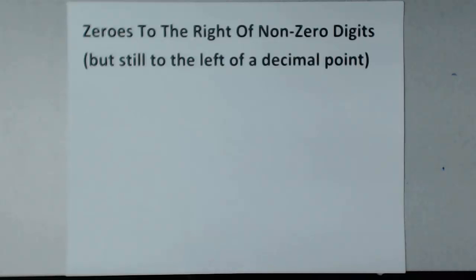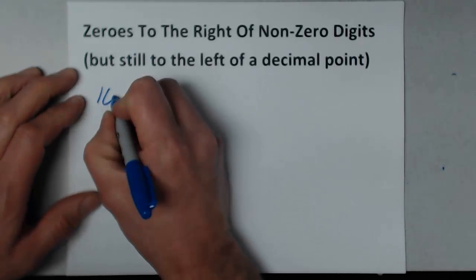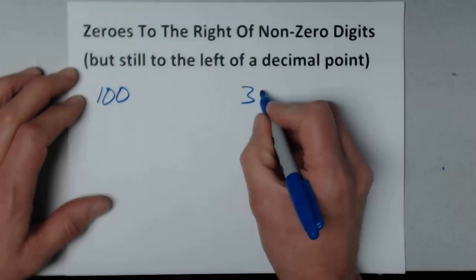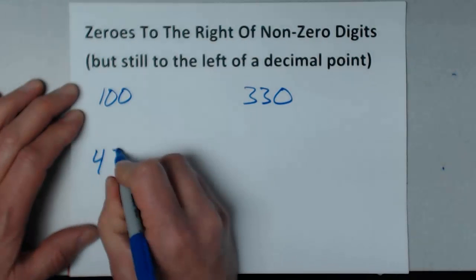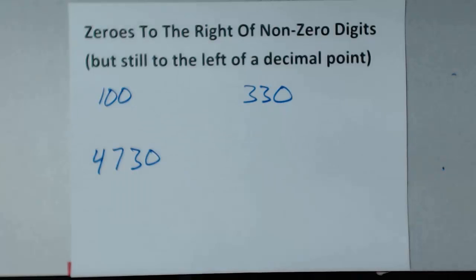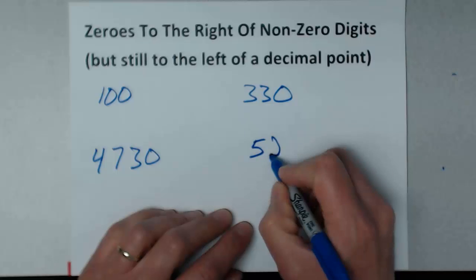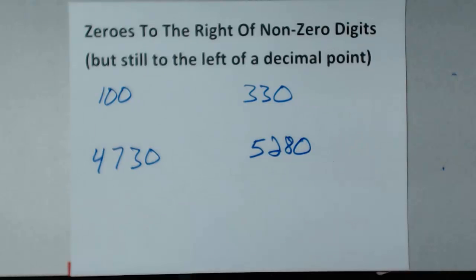Another rule, zeros to the right of non-zero digits, but still to the left of a decimal point, however in this case one that's not written. This would be numbers like 100, 330, 4,730, 5,280.